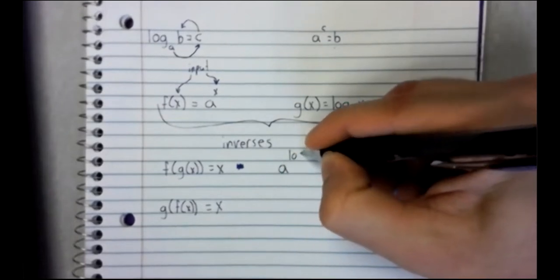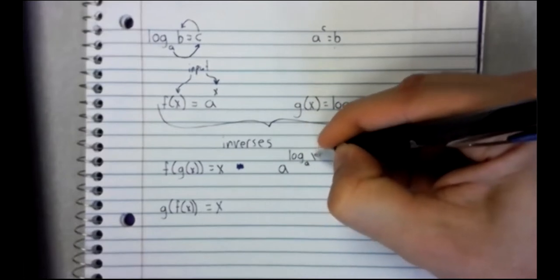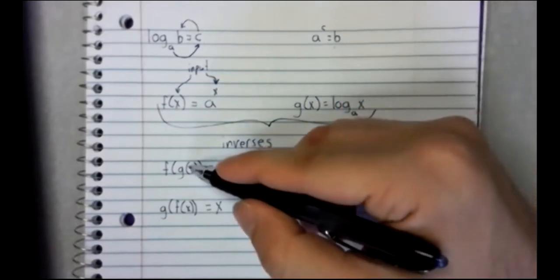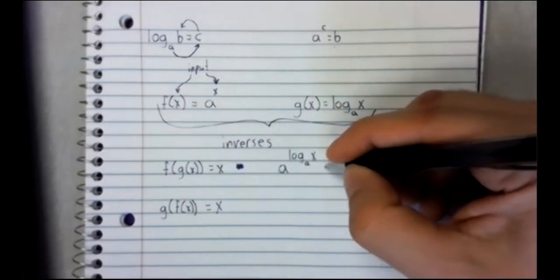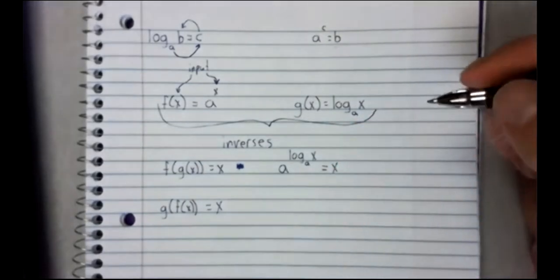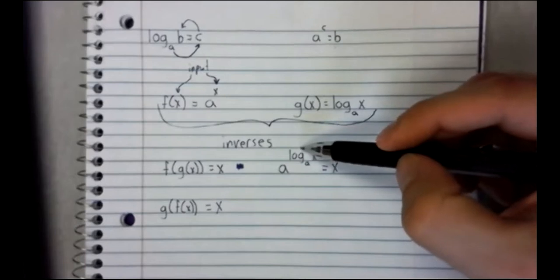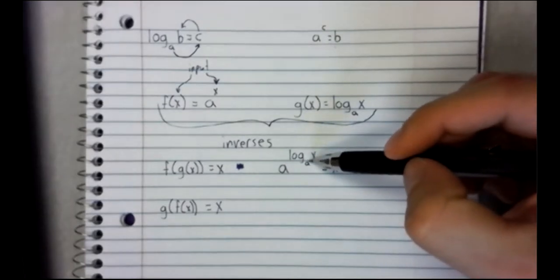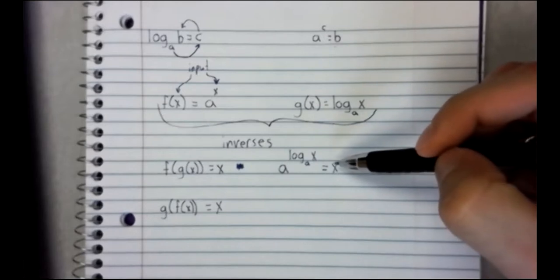And this statement that f of g of x equals x becomes the following, that a to the logarithm base a of x equals x.